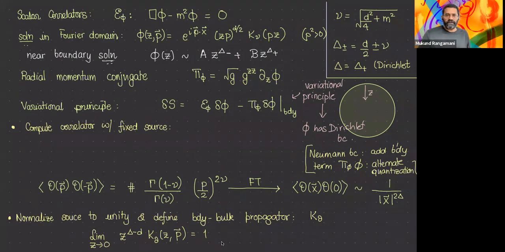I won't belabor the point, but in a smaller range of masses, one is allowed to use Neumann boundary conditions, but then the conformal dimension of the operator is different. It's not delta plus, it's delta minus.